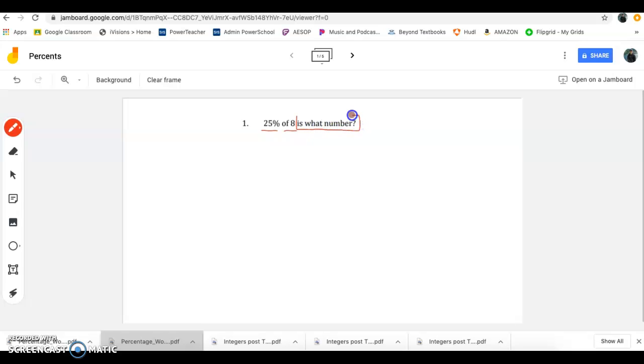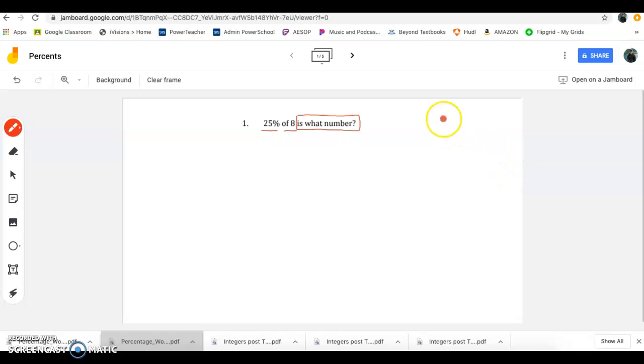We need to break up this information. The number one thing you guys are going to do wrong is you're going to set it up wrong. You're going to put the is where the of is, or vice versa, okay? We have identified correctly the percent. So we have 25%. We have of 8, but we don't know what my is.